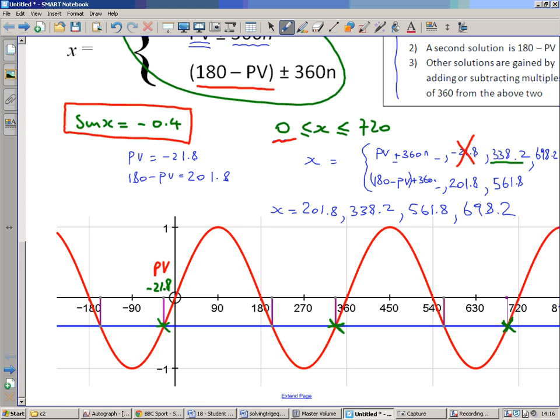In other words, 338.2 and 561.8, and we get the other solutions by looking at this branch here, which is 201.8, and finally 360 plus that, which gives us this one, which is 698.2.